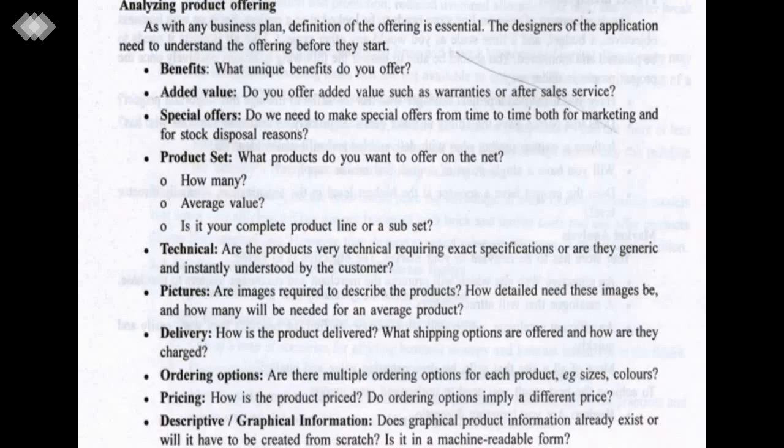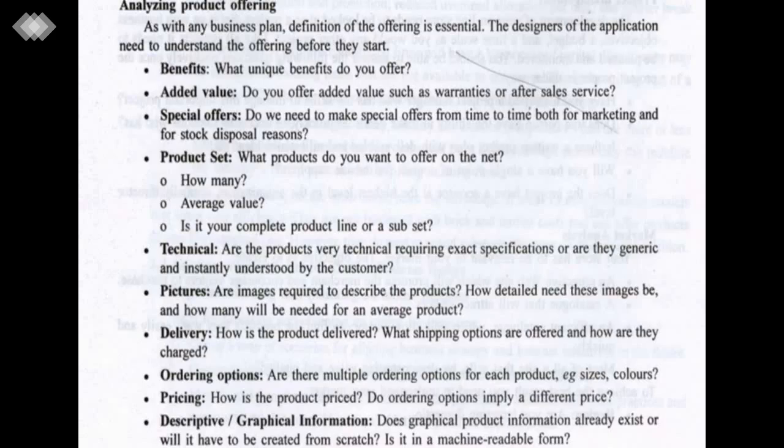Special offers: do you need to make special offers from time to time, both for marketing and for stock disposal reasons? Product sets: what products do you want to offer on the net, and how much? Average value. Is it your complete product line or a subset?